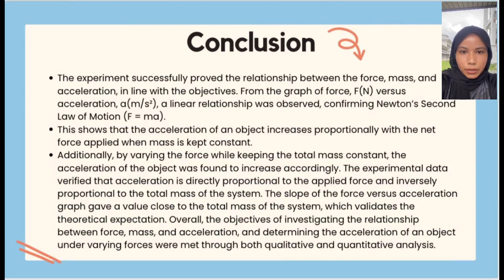So let's begin with question 1. We were asked to calculate the percentage difference between the gradient value of M and the theoretical mass MT. From the calculation, MT is equal to 0.31016 kg. M from the gradient is equal to 39.35 times 10 to the power of negative 3 kg.